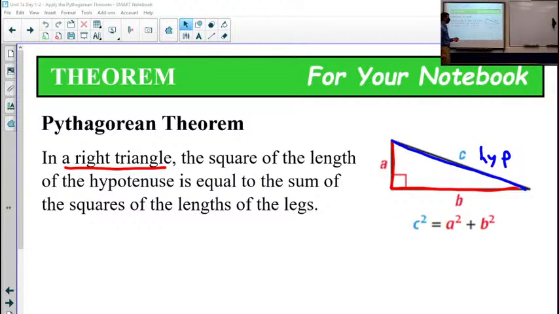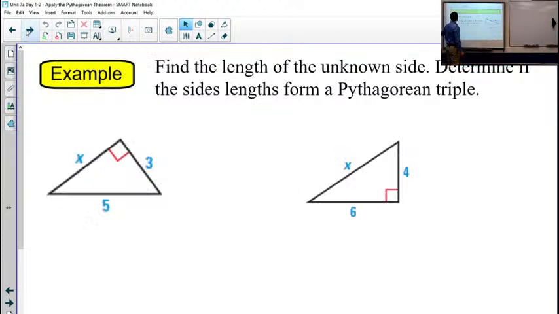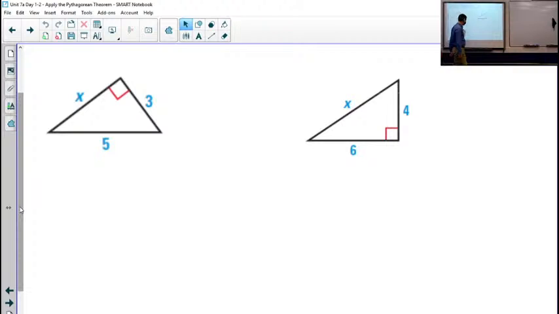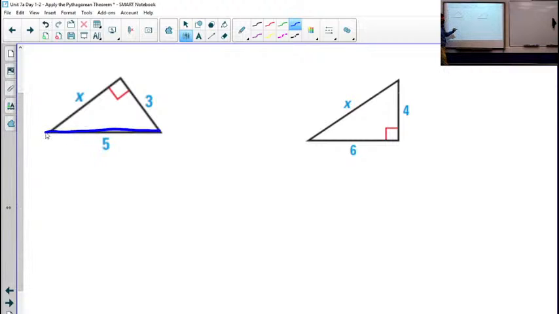Let's look at an example. First one. We'll start with a fairly straightforward one here. Our hypotenuse is going to be, we look across from the right angle, and that would be this side.